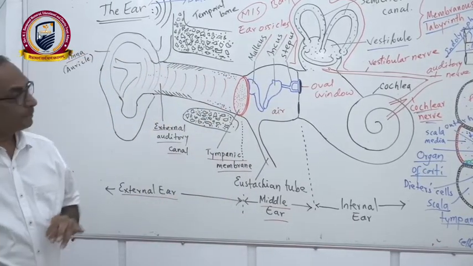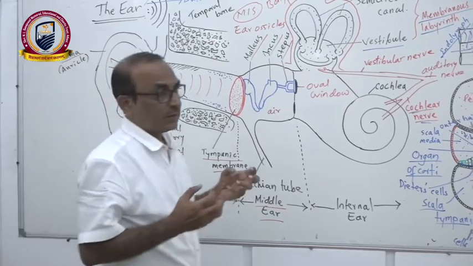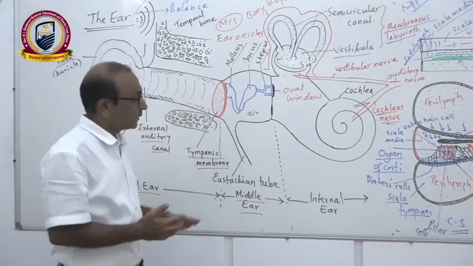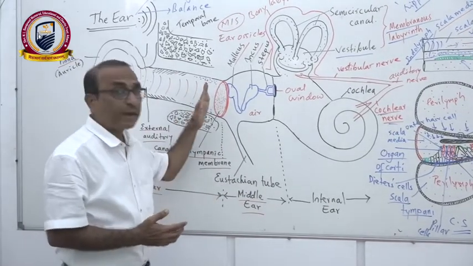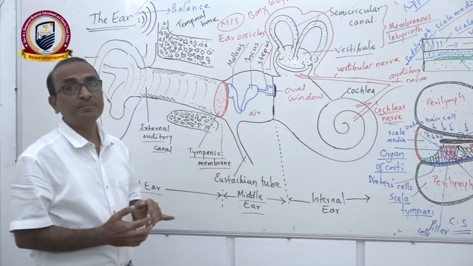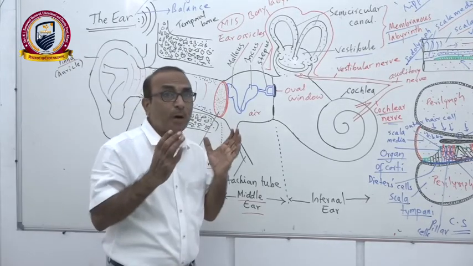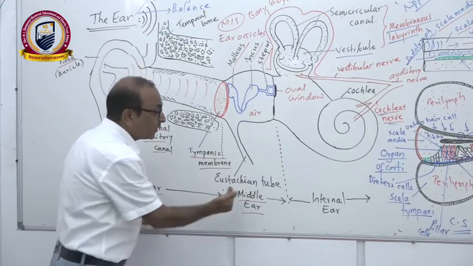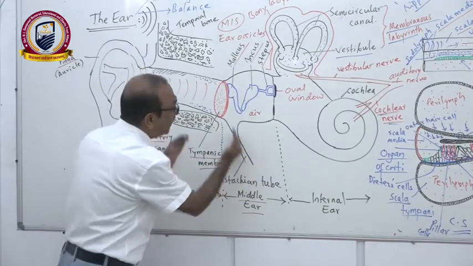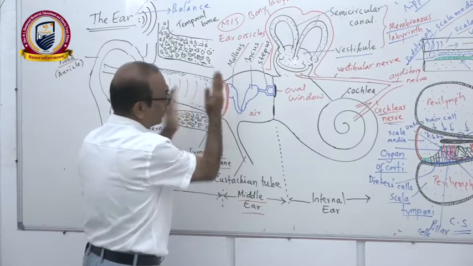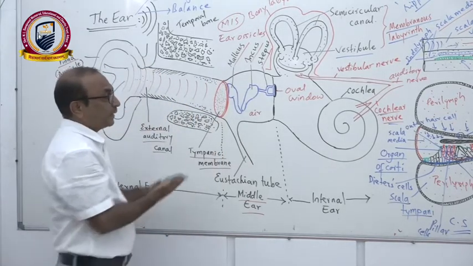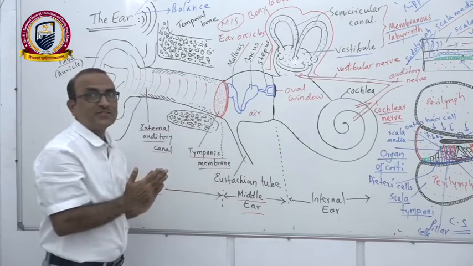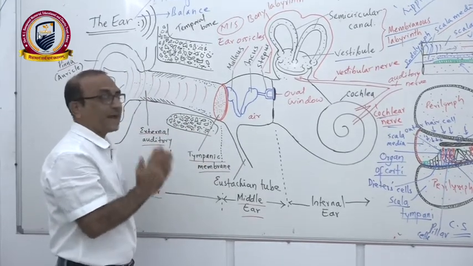Therefore, sometimes when we hear a very loud sound, too much pressure will be on the tympanic membrane, and that may cause damage to it. So immediately we open up our mouth. That is because we are allowing more air to enter through the Eustachian tube and put equal pressure onto the tympanic membrane from inside, so that the tympanic membrane is static and is not damaged.